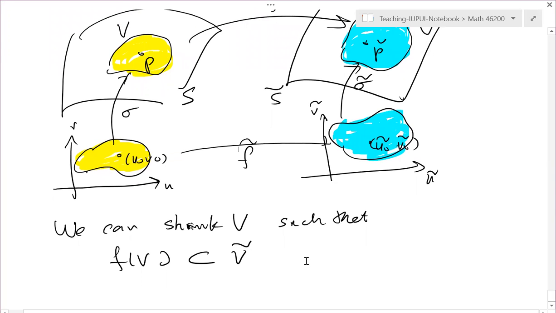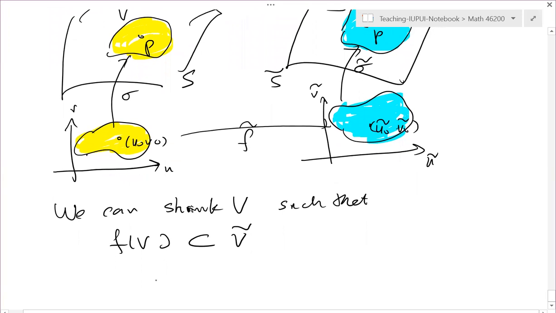So what we get here is F. This is (u, v), right? Take an arbitrary point (u, v) here, and you go to the surface and send it to the image here. Then there should be another map.